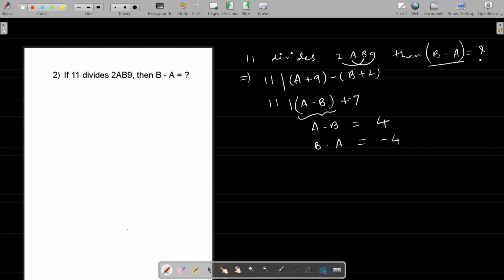Is that fine? Or if A minus B is minus 7, then minus 7 plus 7, the sum is 0, and 11 divides that, right? So B minus A should be 7. You take any two such digits whose difference is either minus 4 or 7.